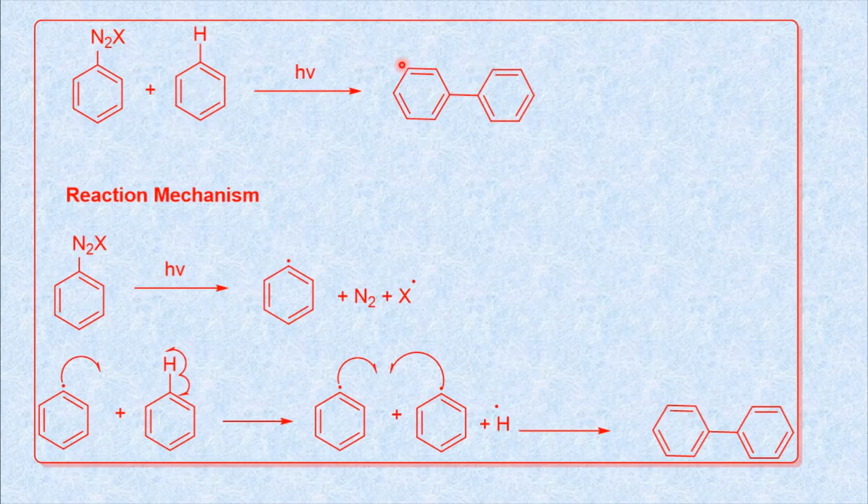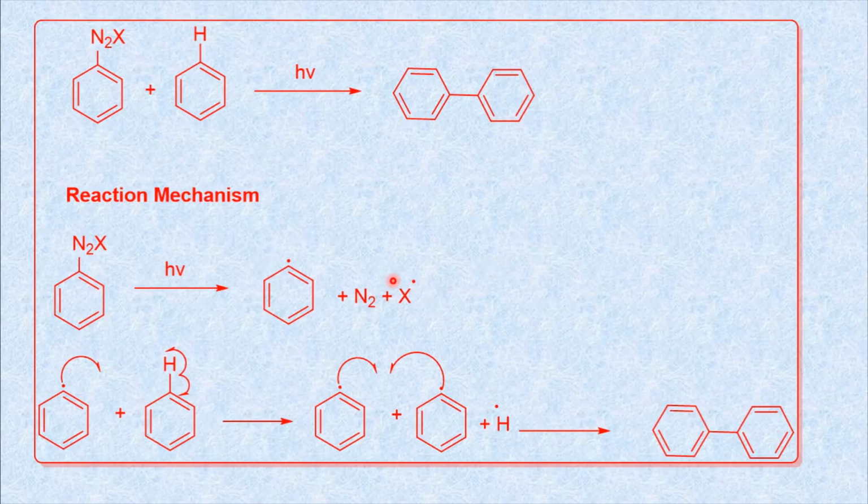You will get this biphenyl, or diphenyl ring, and its reaction mechanism is very simple. This salt in presence of hν undergoes homolysis, homolytic cleavage. It generates this phenyl radical, N2 molecule and X radical.